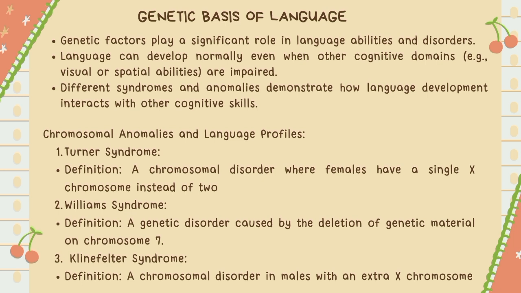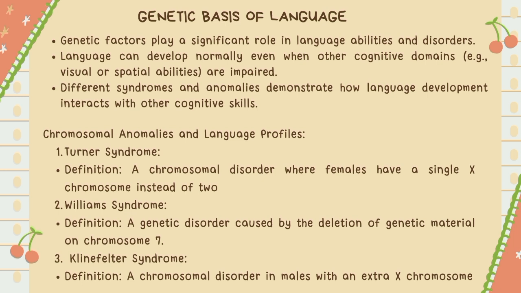Here, its strength is that a person can have normal language abilities and advanced reading skills, but its deficit is that it has severe non-linguistic cognitive impairments like visual and spatial. The significance of this is that it shows that language can still thrive despite deficits in other domains.